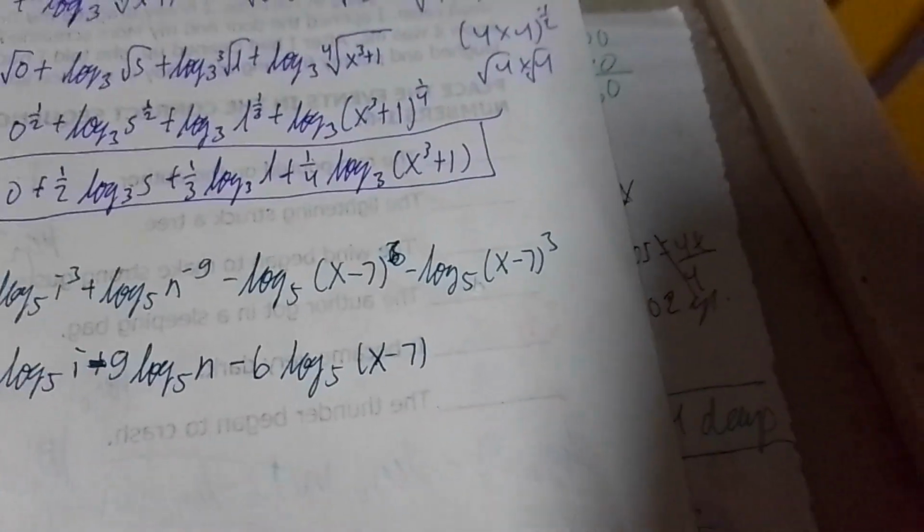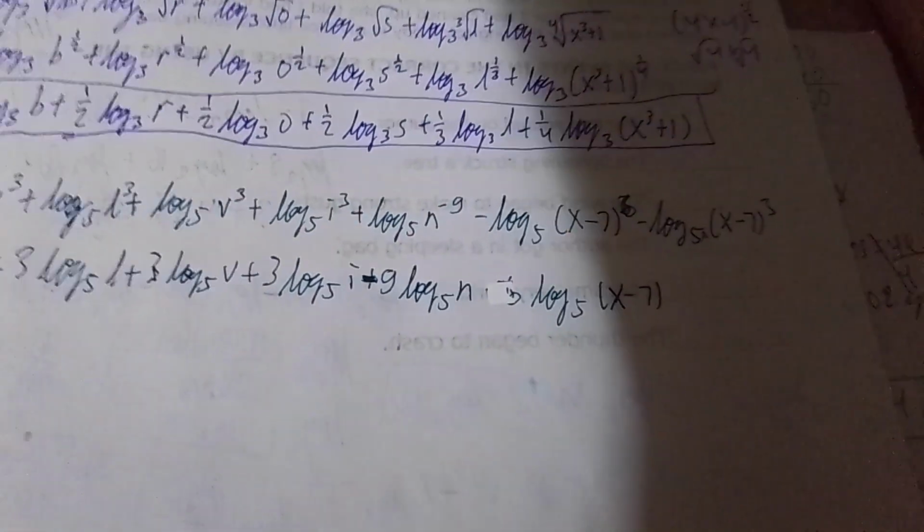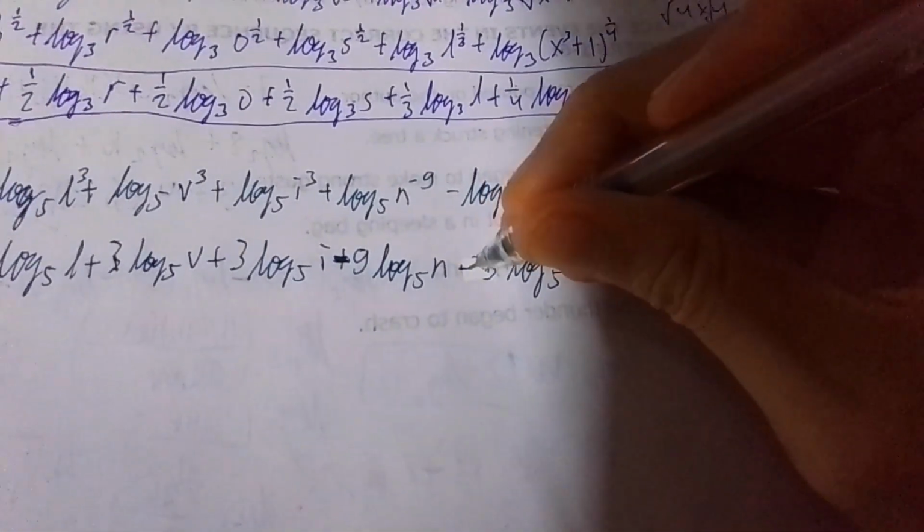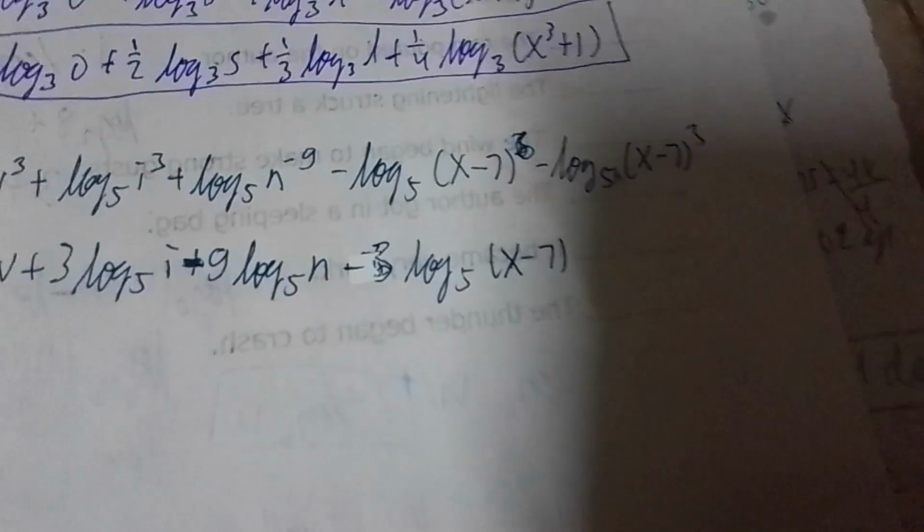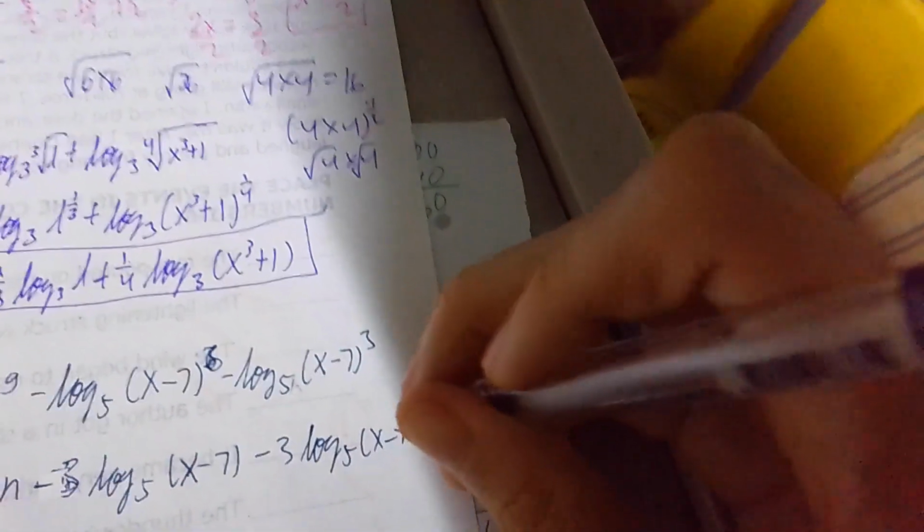Or if you were to do it separately, you can do it this way. You can also make that minus 3 times the log base 5 of x minus 7, and then minus it again, log base 5 of x minus 7 again.